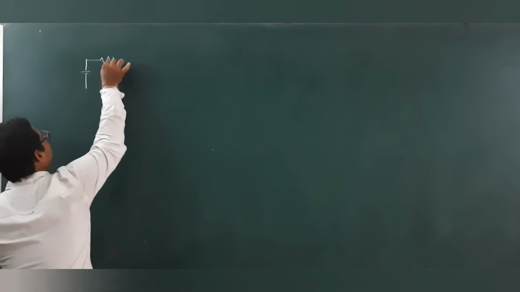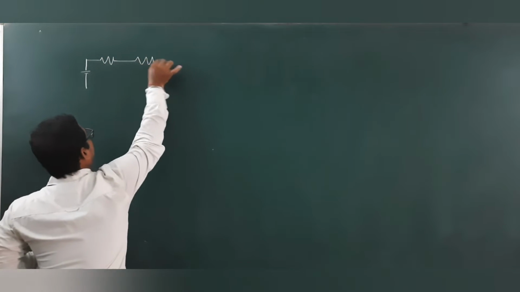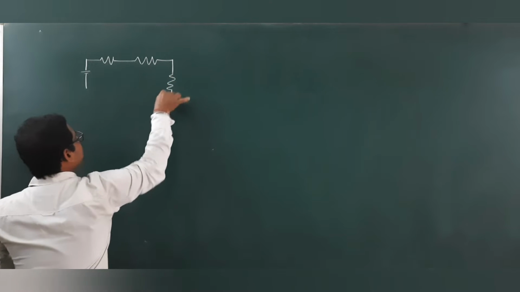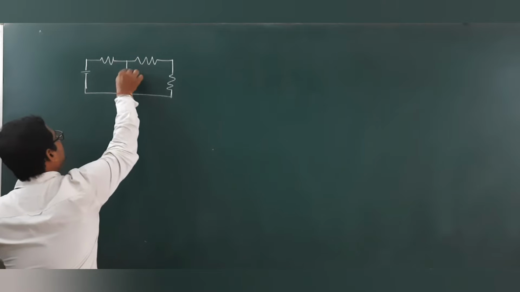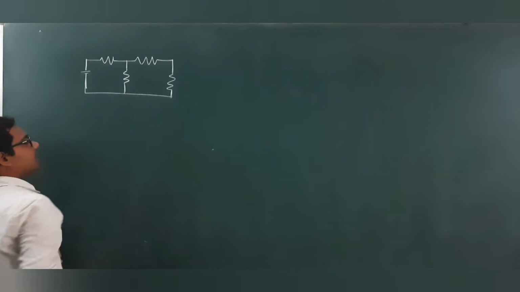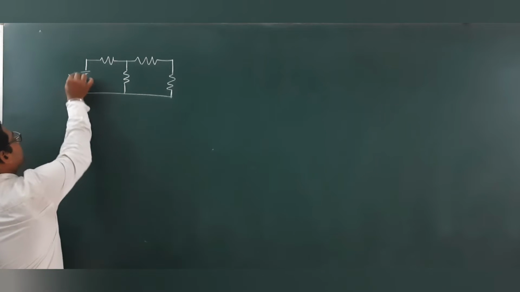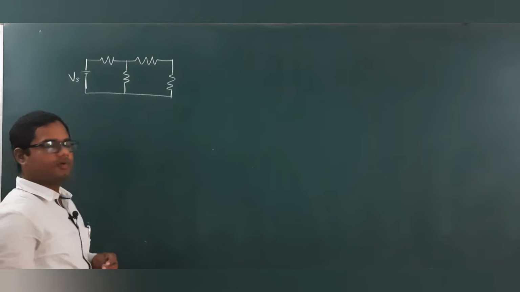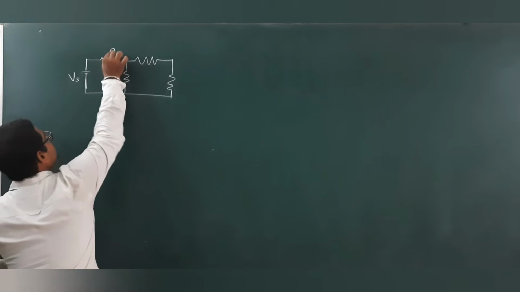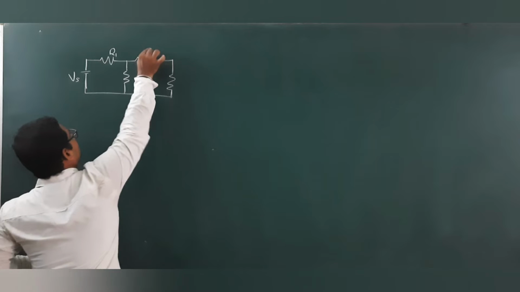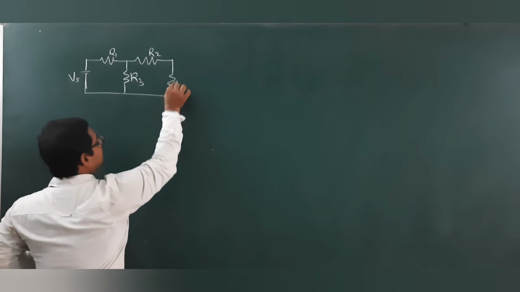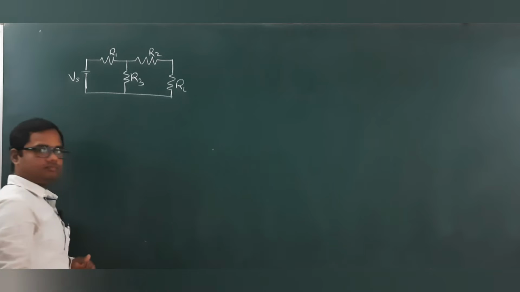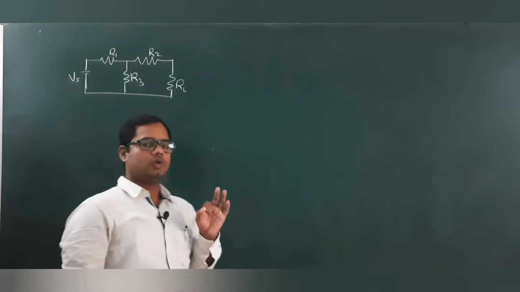This is the voltage source and these are the resistances connected in the circuit. Suppose the voltage source is V of S, the source voltage, and the resistances are R of 1, R of 2, R of 3, and R of L, where R of L is the load resistance.